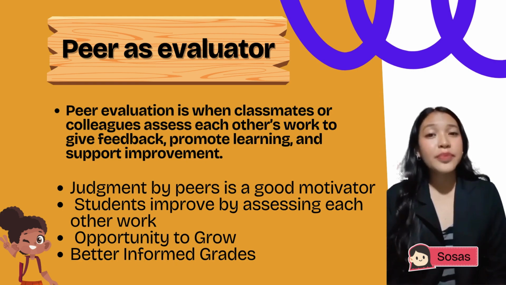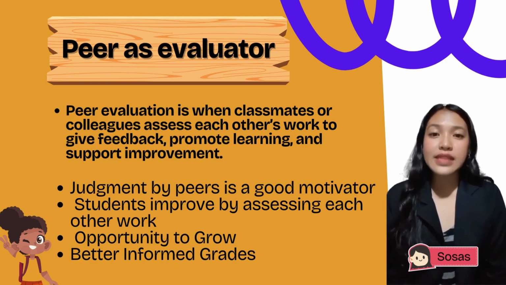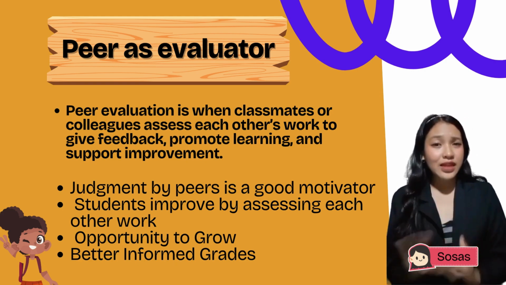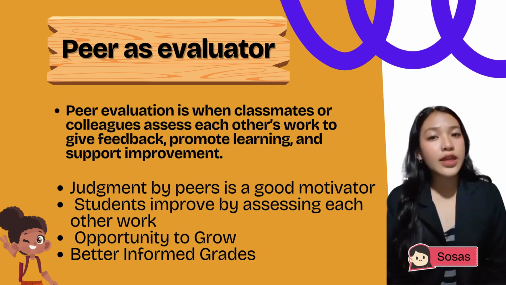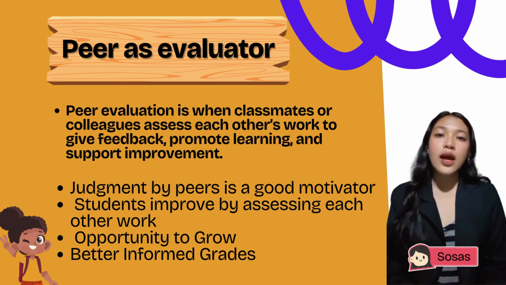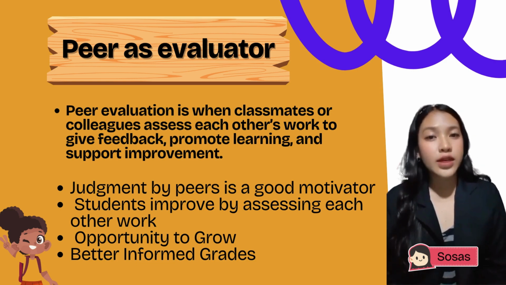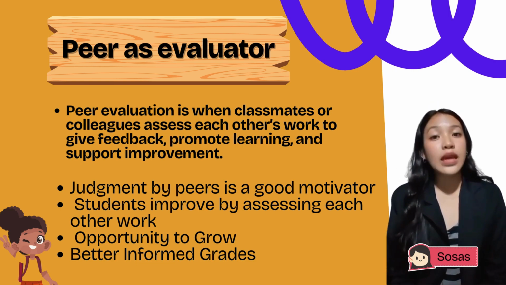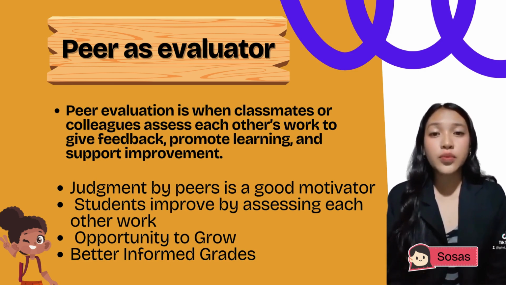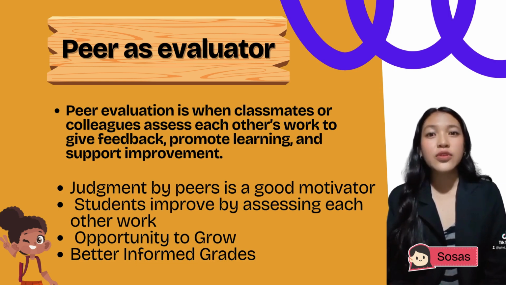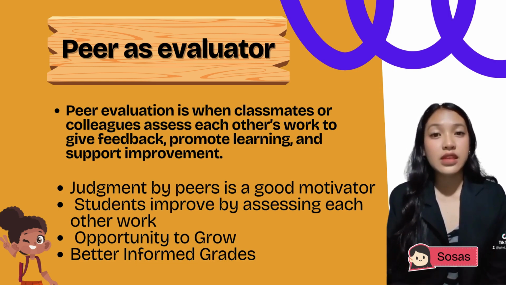At this point I am going to discuss what is peer evaluator. Okay, when we say peer evaluator, it means that your classmates or even your friends at the same level can evaluate or check your creation or your work. For example, you are making a poem, and after reading your own poem, you realize that there's something missing about it.